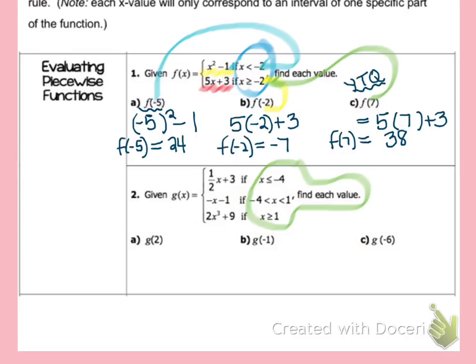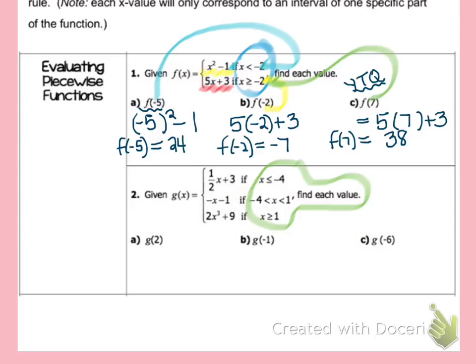If instead x is greater than -4 but less than 1, then it behaves like the second function, -x minus 1. And finally, if x is greater than or equal to 1, it behaves like this, 2x cubed plus 9.